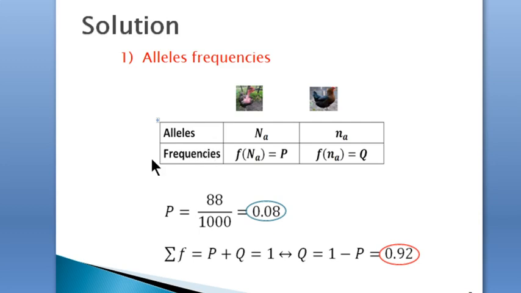And once this is done, bear in mind that we have the proportion of naked neck animals. The equation of Hardy-Weinberg will help us to deduce the frequency of fully feathered neck from the first frequency, and here we are.